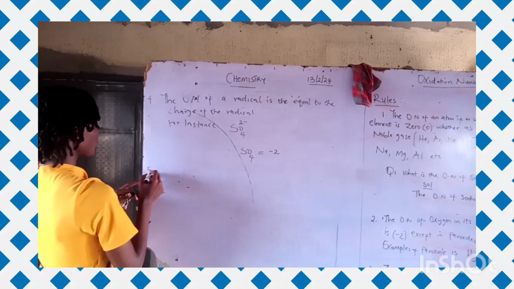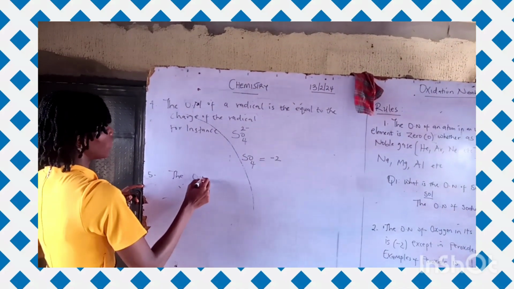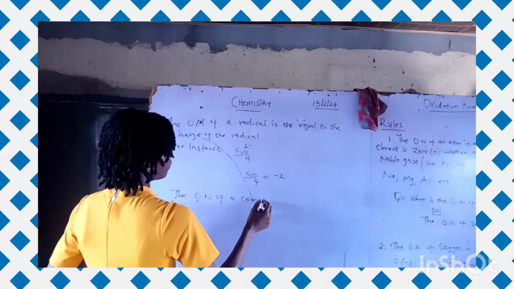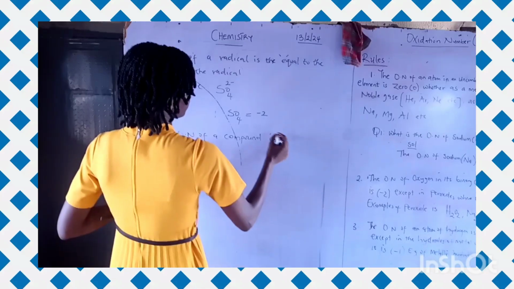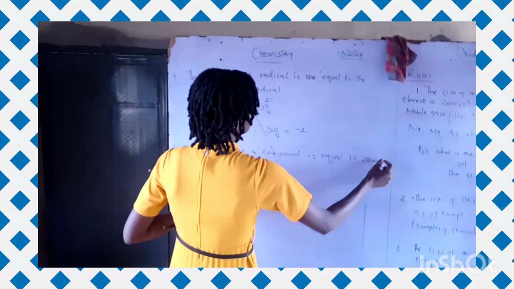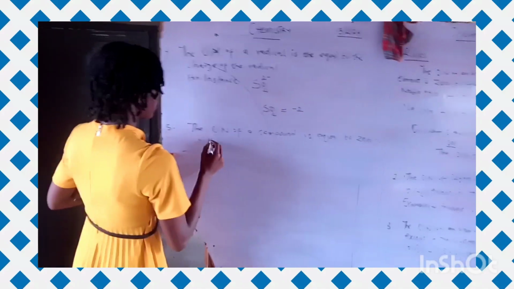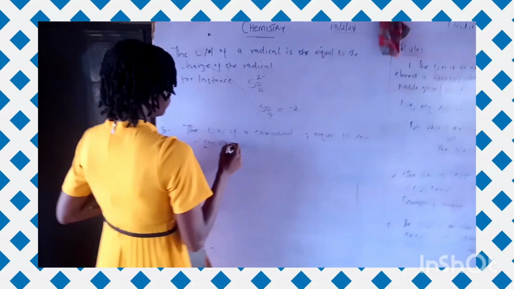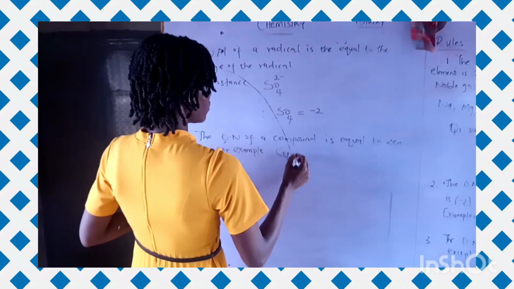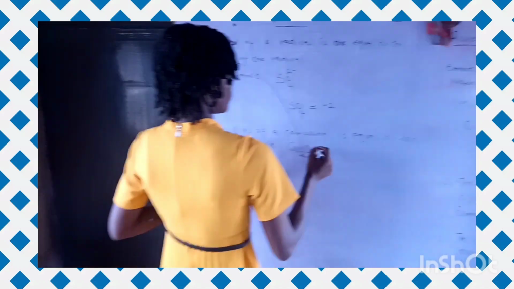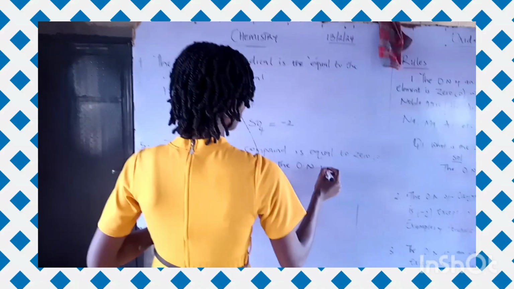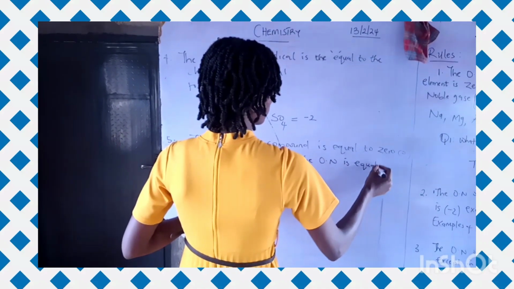And also the oxidation number of a compound is equal to 0. Let me say, for instance, in this compound, the oxidation number is equal to 0.